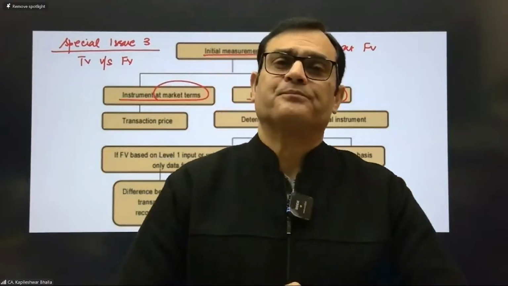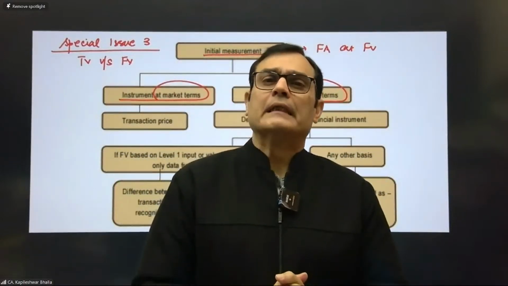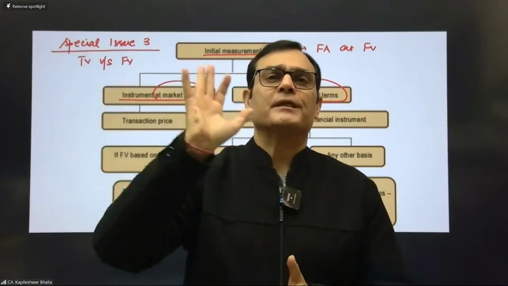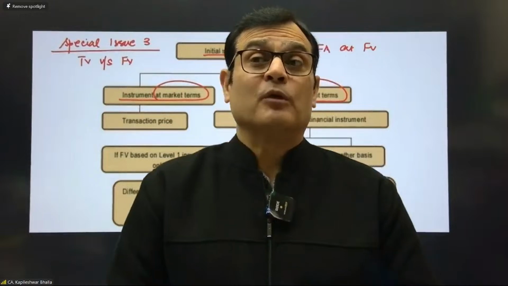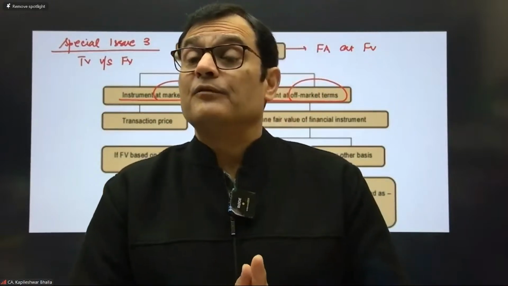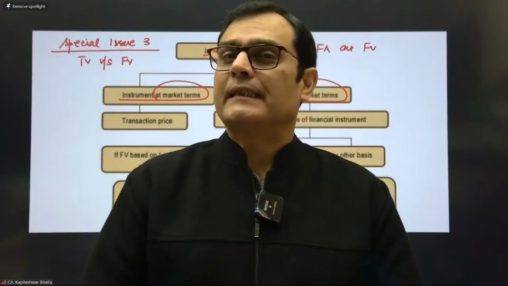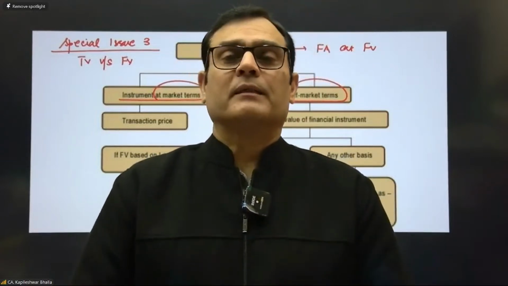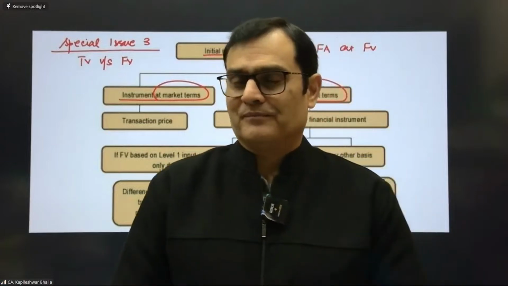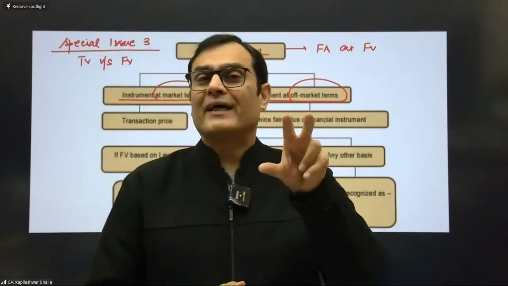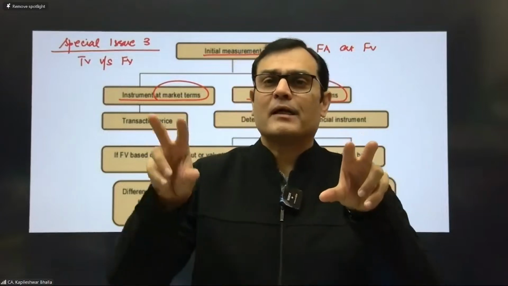I'll give you an example. Say, for example, as an employer, I have given a loan to the employee. I tell him, okay, I'll give you a concession loan. The market rate of interest is, let's say, 10%, but I tell him that I will give you a loan at the rate of 6%. So what is my contracted rate of interest? It is 6%. But what is the market rate of interest?